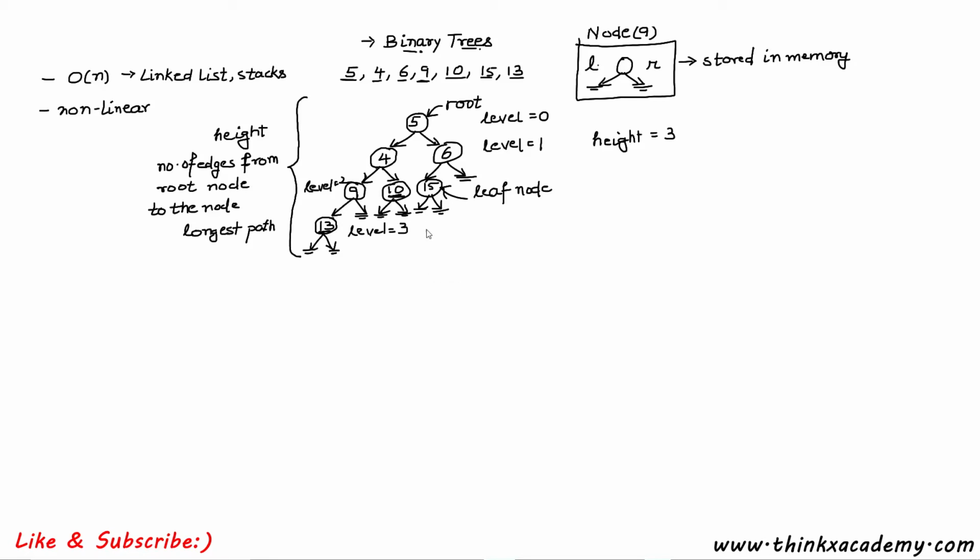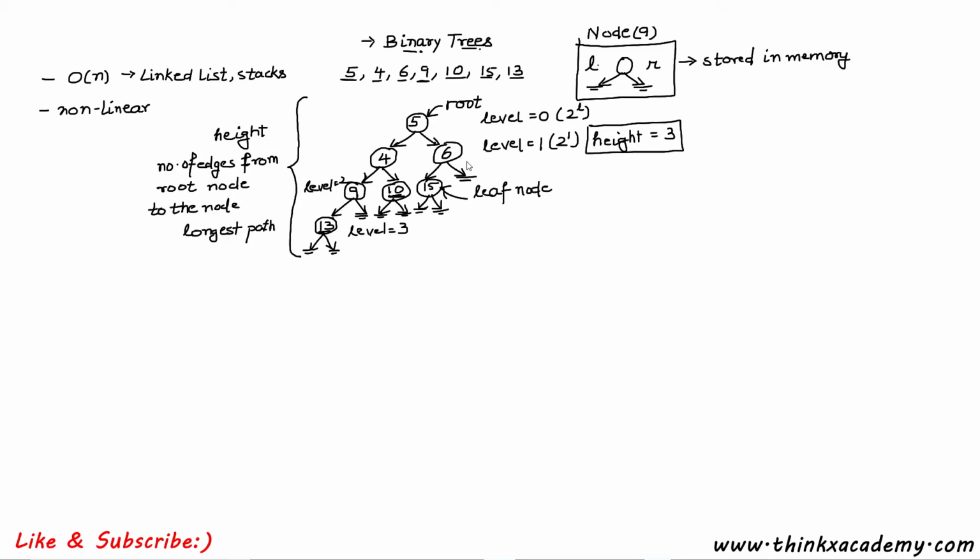As we can see here, if we want to find out the number of nodes inside a level, we can just do 2 raised to the power of the level, which is 2 to the power L. So 2 to the power 0 gives us 1. 2 to the power 1 is equal to 2, so there are 2 nodes. The height of this binary tree is 3.